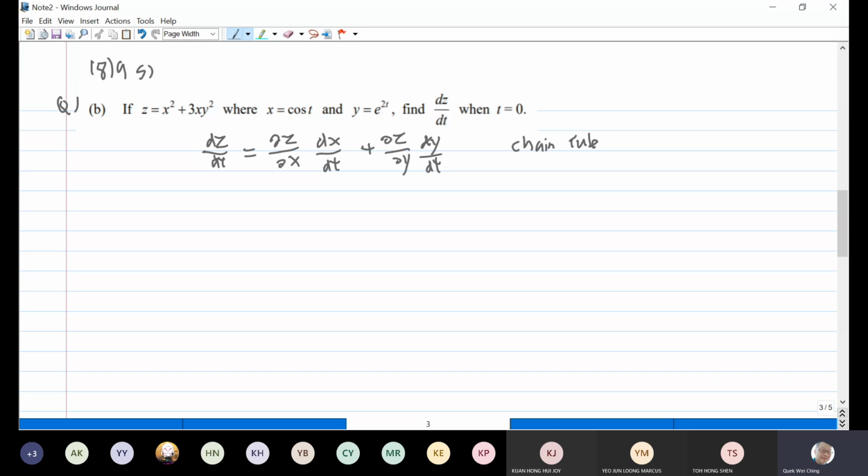This is actually on page 15 in the notes, a similar one in a different version. Differentiation of z, z is f of x, y. So this is the situation.